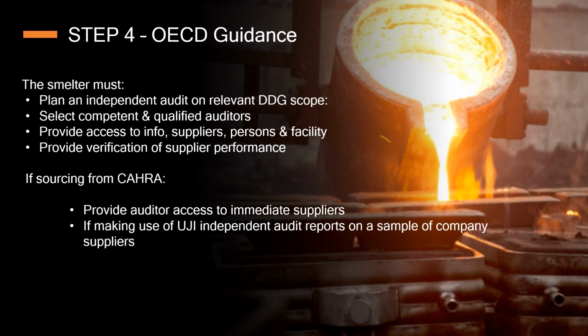But it's a requirement of Step 4 in the OECD guidance that the smelter facilitates the audit carried out by the auditor and provides them with the information to enable them to carry out their work and provides access to immediate suppliers. And there has to be a degree of cooperation and liaison between the auditors and the audit firm, as mentioned before, to ensure that the work is properly planned and executed.